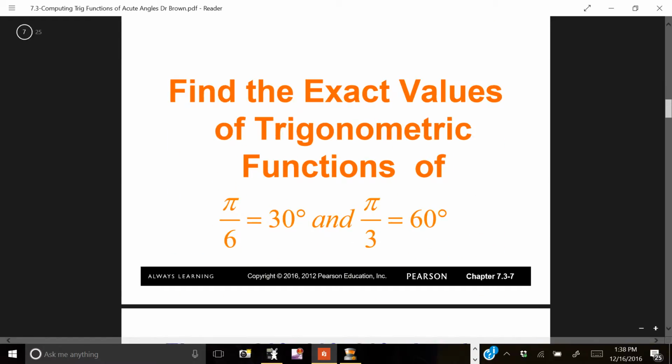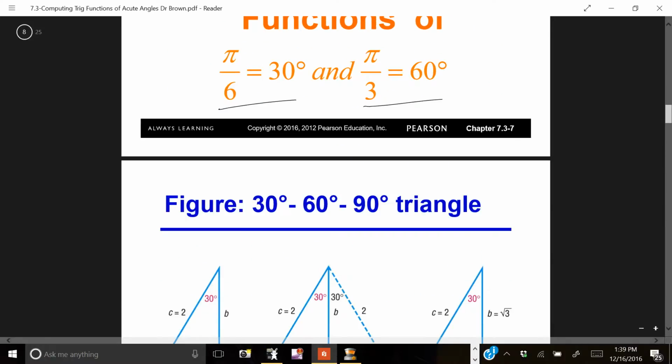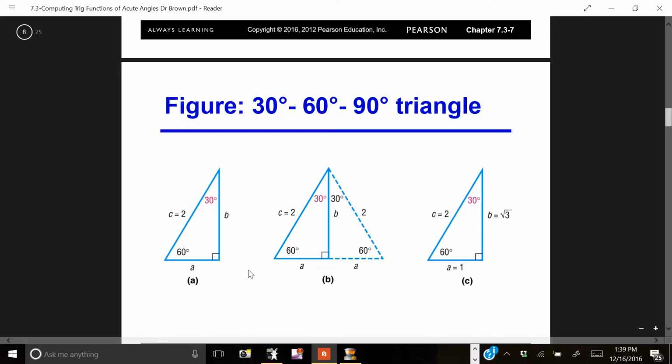Now we're going to look at a 30-60 degree right triangle, to find the exact values of the trigonometric functions of pi over 6, which is 30 degrees, and pi over 3, which is 60 degrees. In order to do this, we're going to construct some triangles.